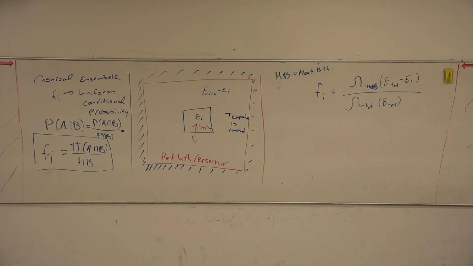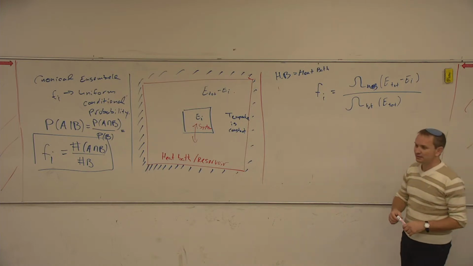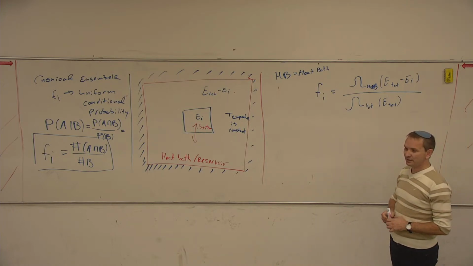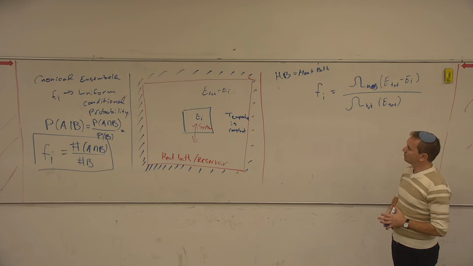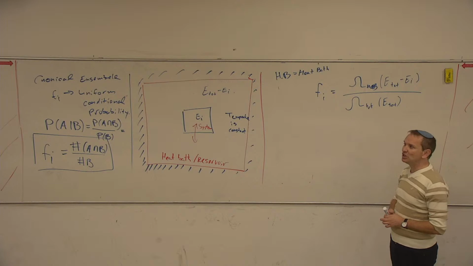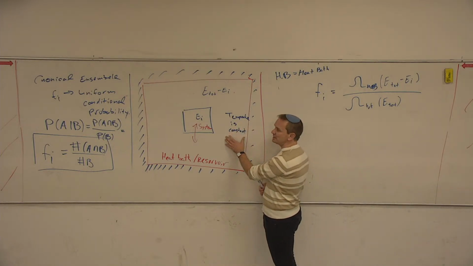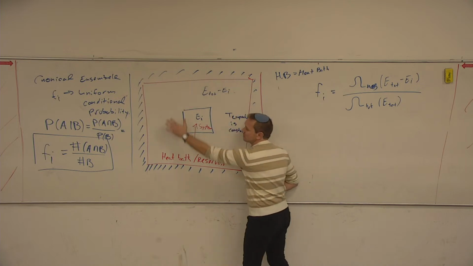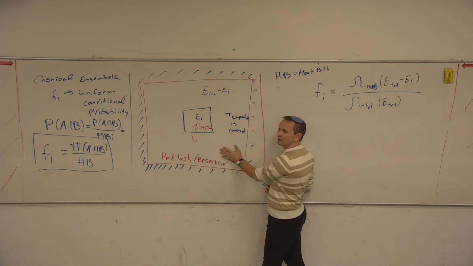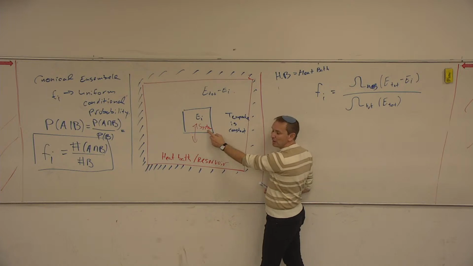Yes? Why don't we count the states of the system? Why do we count the number of states of the heat bath? We can, and it's going to be exactly the same. It's just a trick of saying my temperature is constant. It's easier to assume that this is a macroscopic system. And we will see later in the class that actually my system can be microscopic, and it's hard to say something about the temperature of a microscopic system.